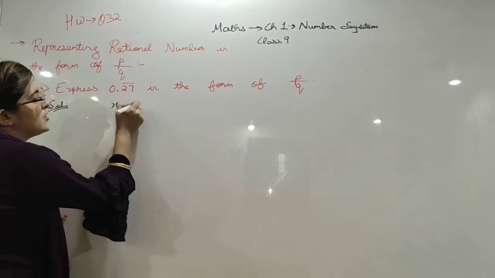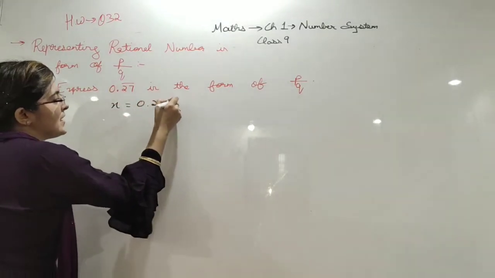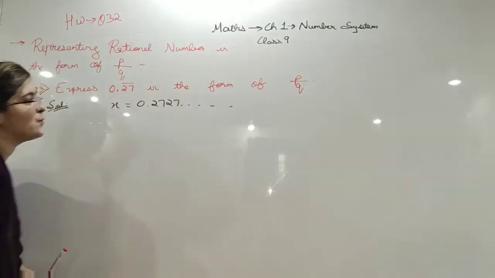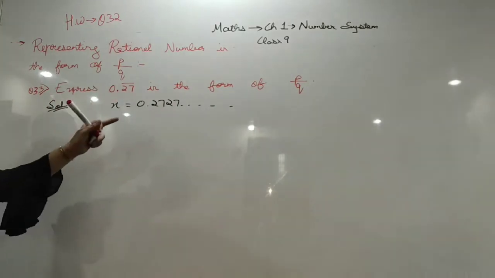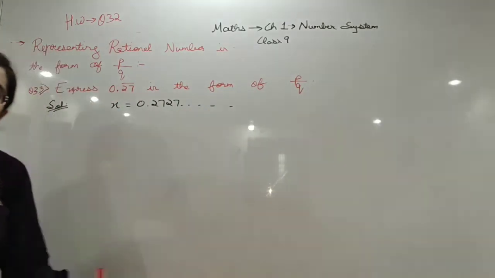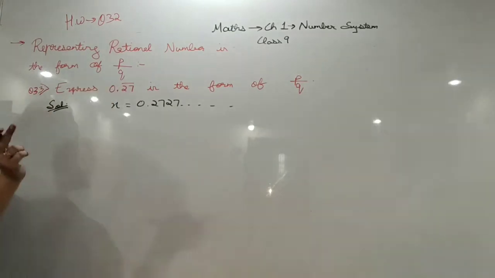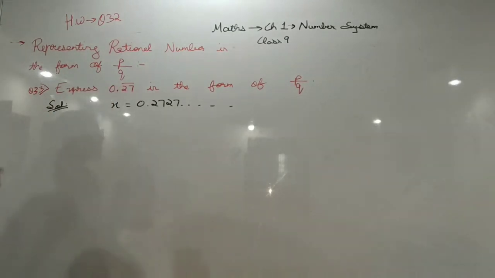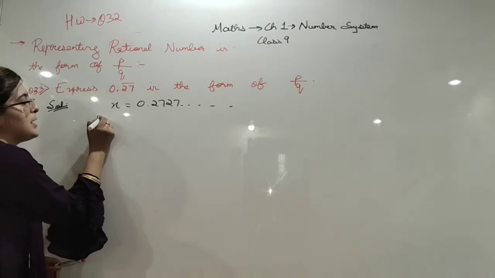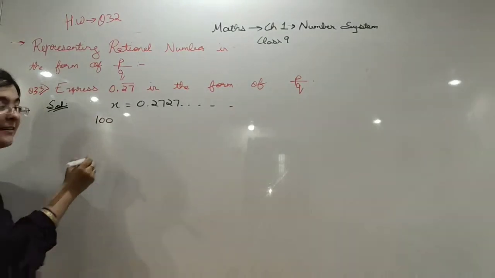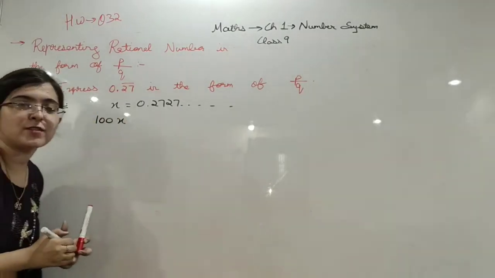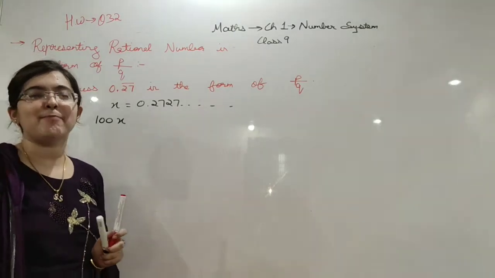x is equal to 0.2727 and so on, because both 2 and 7 are repeating again and again. Since the bar is on 2 digits, we have to multiply it by 100. When the bar was on 1 digit, we were multiplying it by 10.